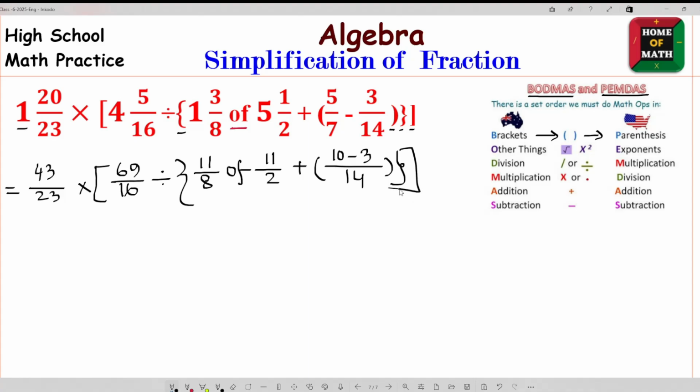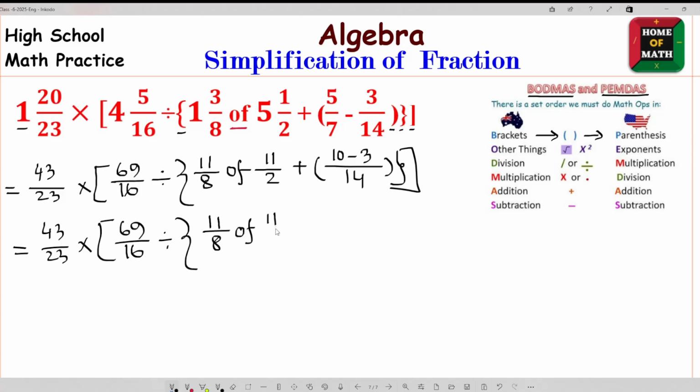The others we cannot do anything about until we finish the first bracket work. 43/23 times third bracket 69/16 divide second bracket 11/8 of 11/2 plus, look, plus 10 minus 3, it will be 7/14. First bracket work done.